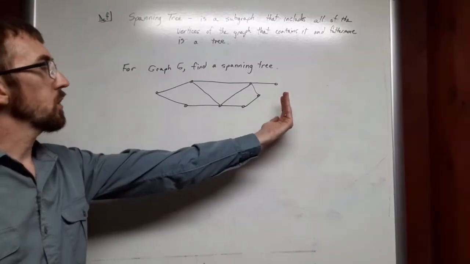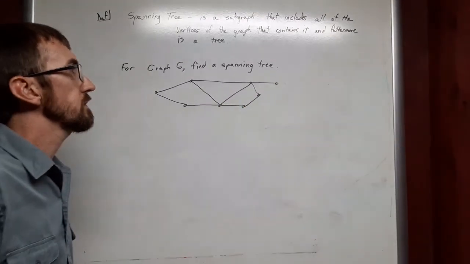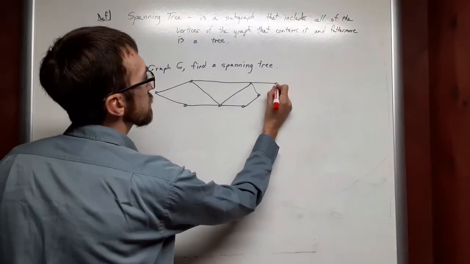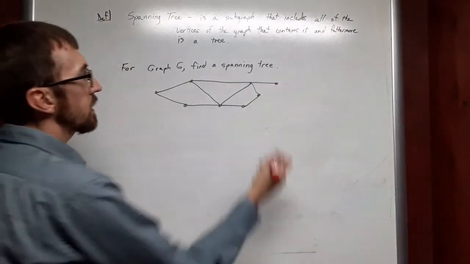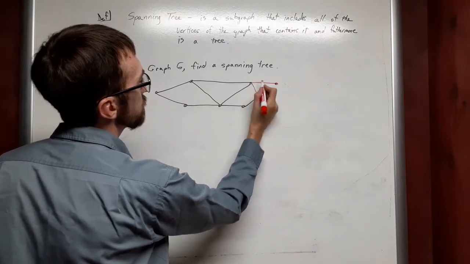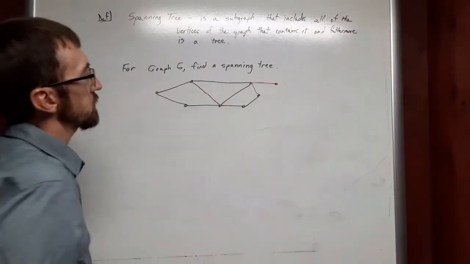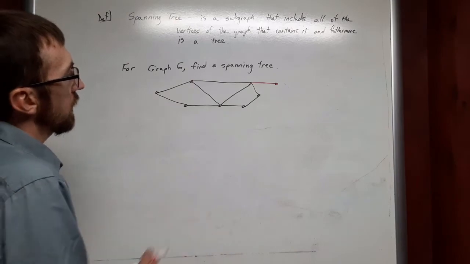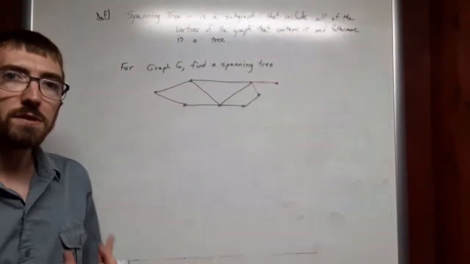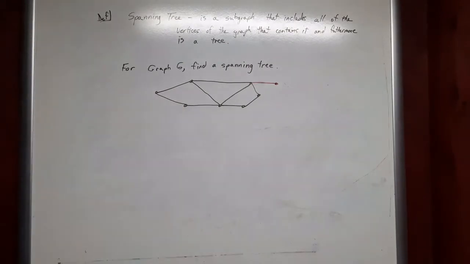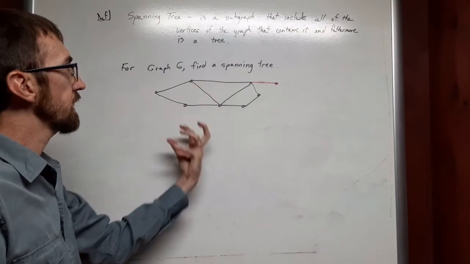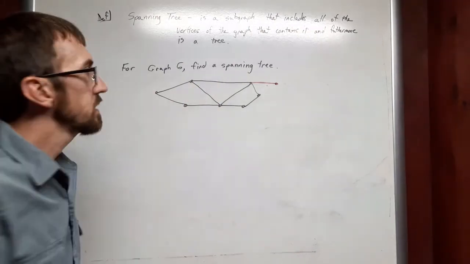I'm going to start on the right-hand side of this graph, and I want to keep this vertex, and I'm going to move this direction and keep this edge and this vertex. Now, I need to find a way to start to gather up these vertices without creating a circuit, and everything has to be connected.